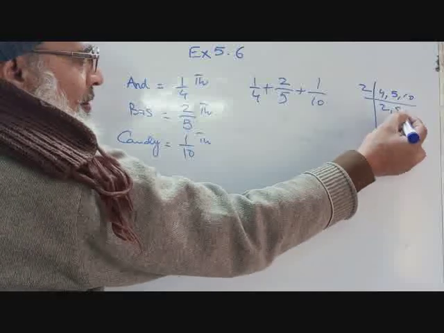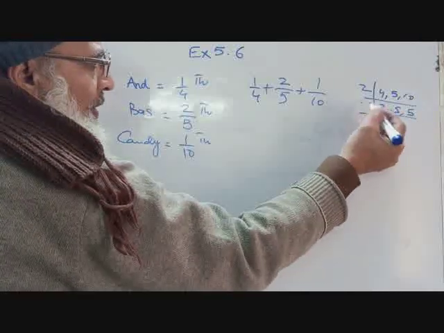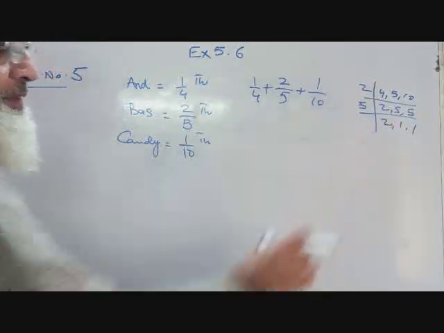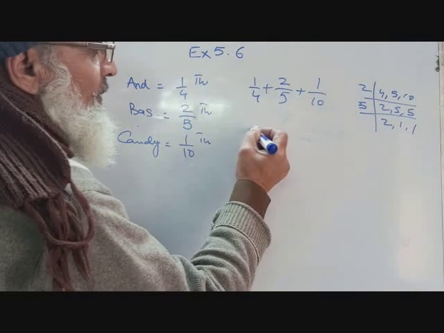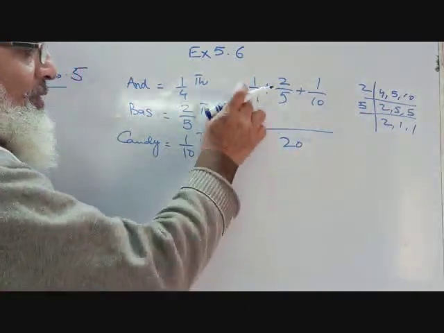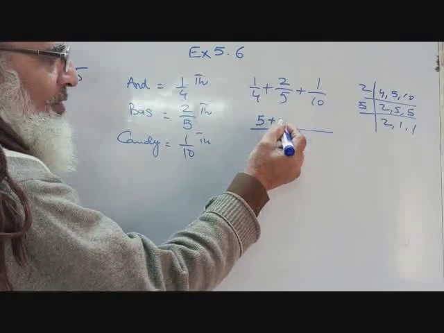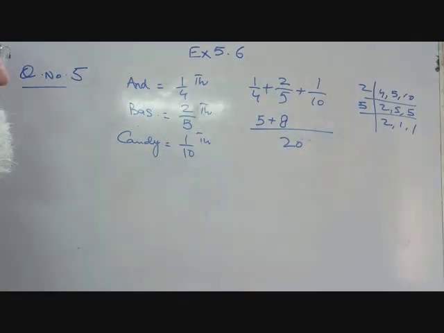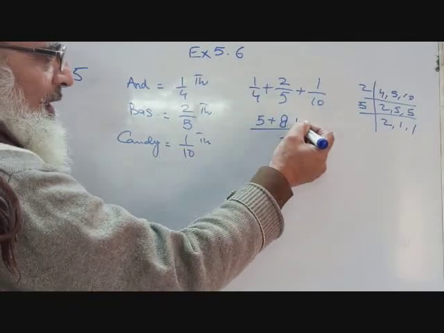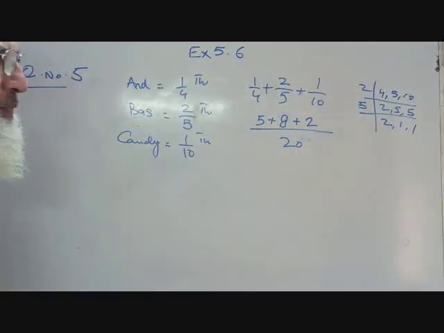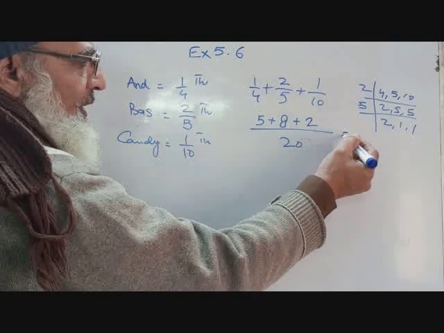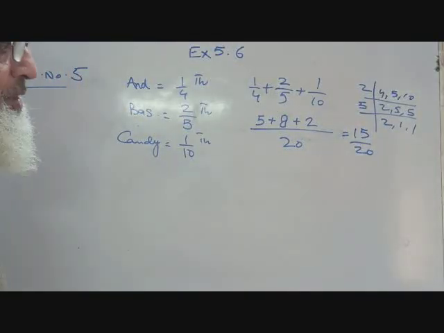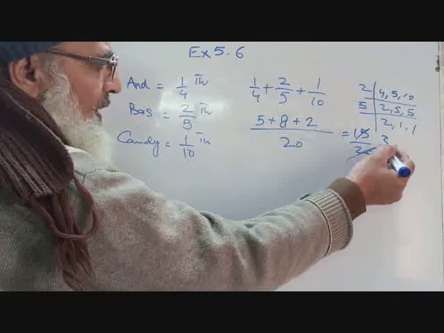So it becomes 20. 5 times 4 is 20, 4 times 5 is 20, and 2 times 10 is 20. So the numerator becomes 5 plus 8 plus 2, which is 15, so 15 upon 20. Now it goes with 5: 5 3 times, and 5 4 times.